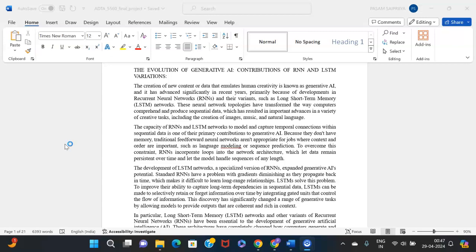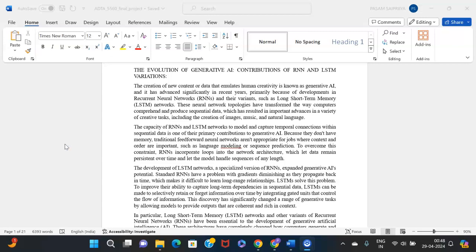The development of LSTM networks, a specialized version of RNN, expanded generative AI's potential. Standard RNN have a problem with gradients diminishing as they propagate back in time, which makes it difficult to learn long-range relationships.